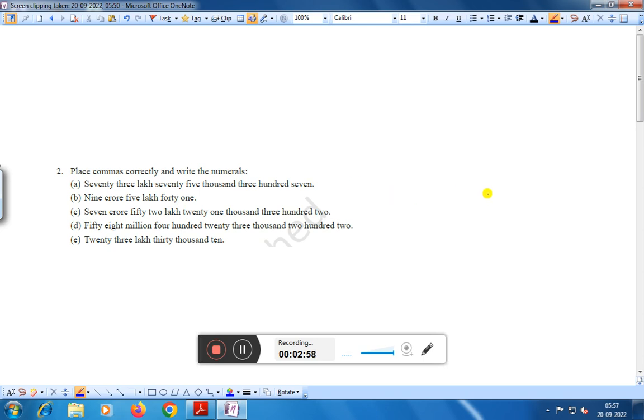First we will write question number B. Now question number B is 9 crore 5 lakh 41.